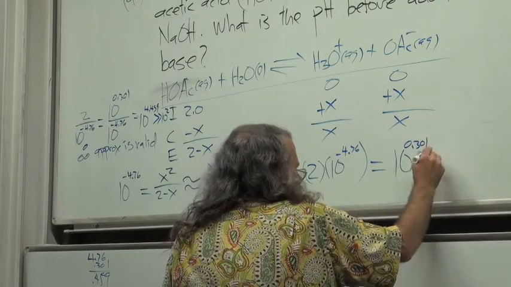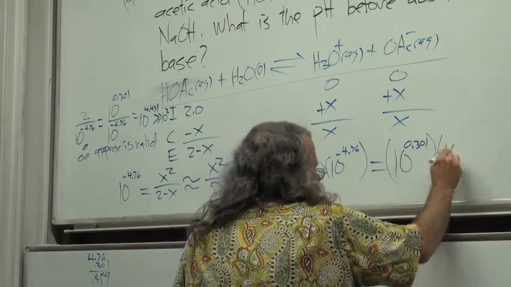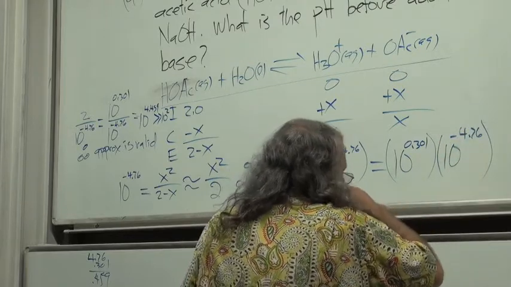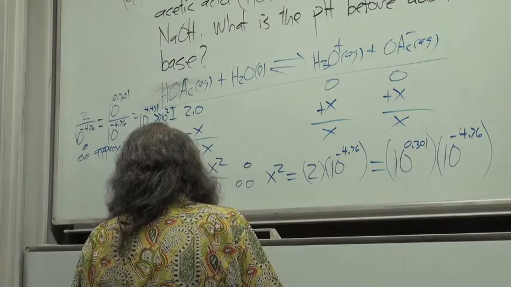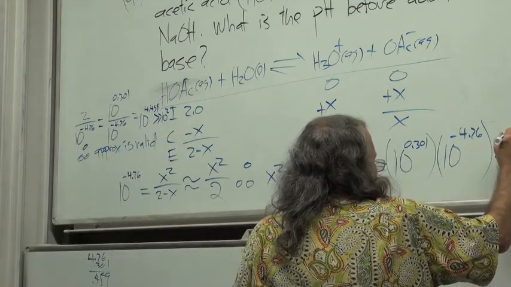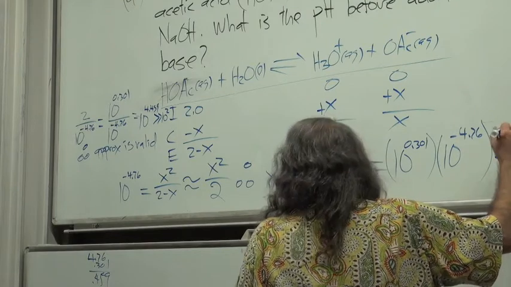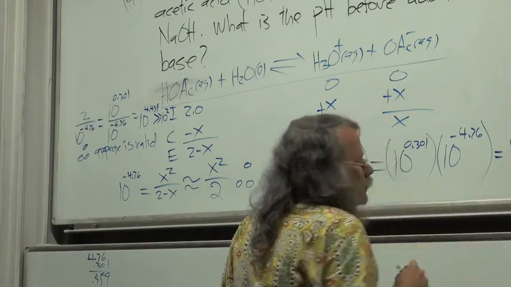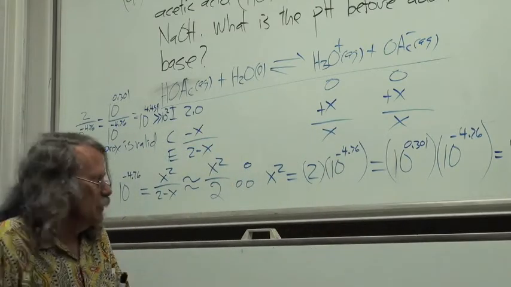10 to the 0.301 times 10 to the minus 4.76, and that turns out to be equal to 10 to the minus 4.459. So we've already done all that heavy lifting.